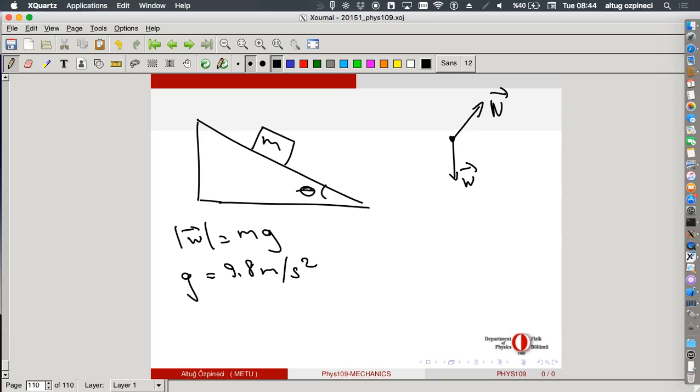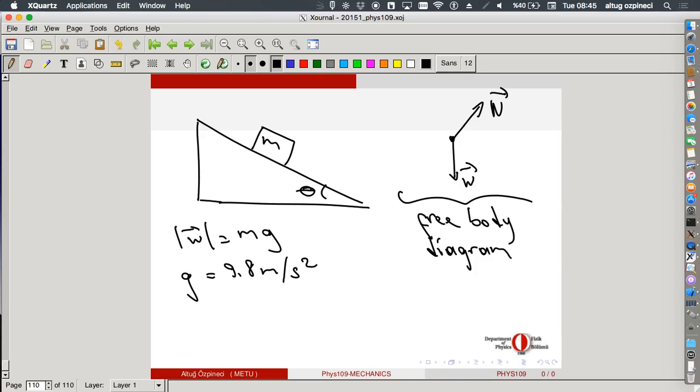Since there is no horizontal component, the force exerted by the inclined plane on the mass is equal to this normal force, perpendicular to the surface. Now, this is what we call the free body diagram. In the free body diagram, we don't have the inclined plane.